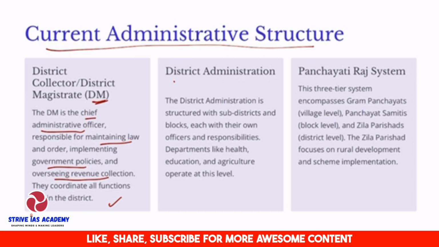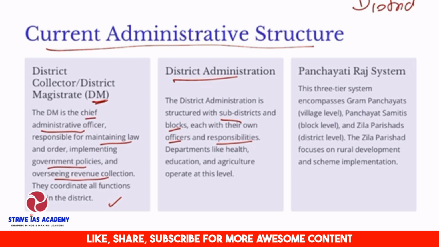Now, there is also the district administration structured between sub-districts and blocks, and they have their own officers and responsibilities. As you all know, there are different states and different types of administrative structure. Names are different, but the administrative structure remains the same.